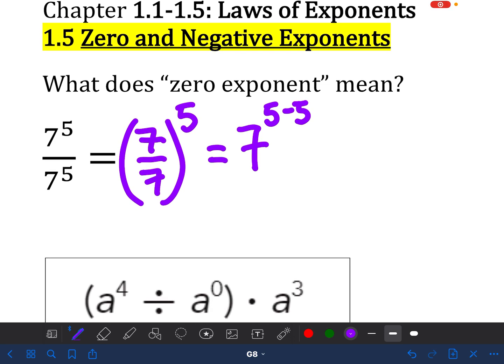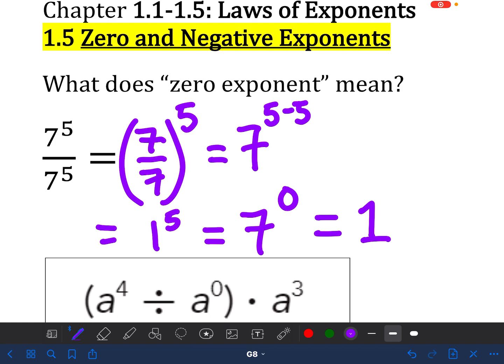So we know 7 over 7 is 1, to the power of 5 is 1, right? And here, 7 to the power of 5 minus 5 is 7 to the power of 0. So that means anything to the power of 0 is 1.